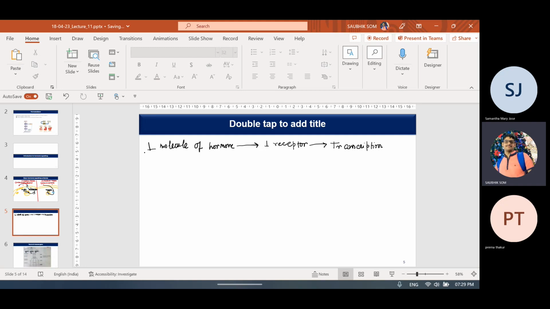So one molecule of hormone can activate only one receptor, which will do the transcription from the DNA.